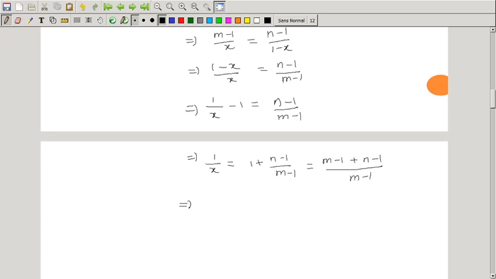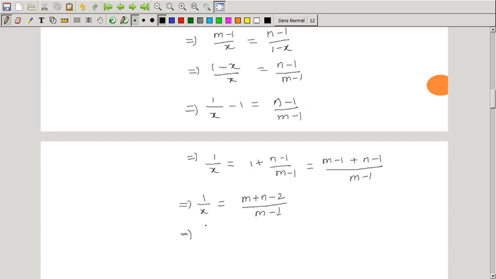So that means this 1 upon x is nothing but (m + n - 2) divided by (m - 1).